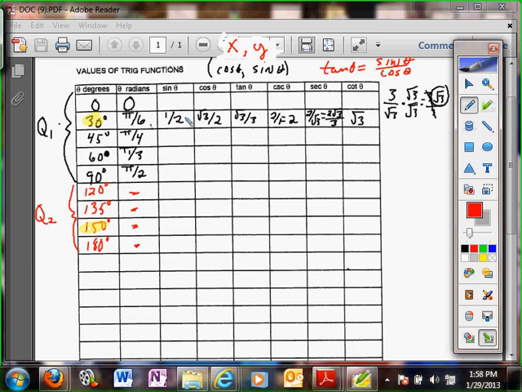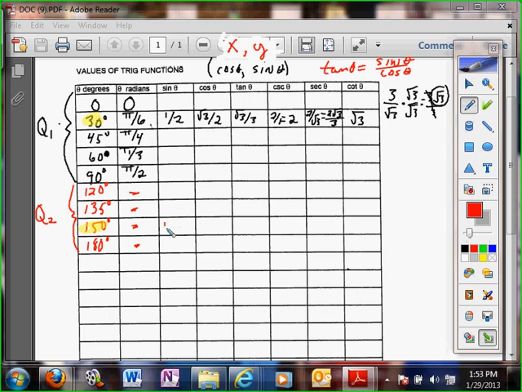All I'm going to do is copy down every value into the blank on 150. Sine is 1/2. The cosine is √3/2. The tangent is √3/3. The cosecant is 2. The secant is 2√3/3. And cotangent is √3.